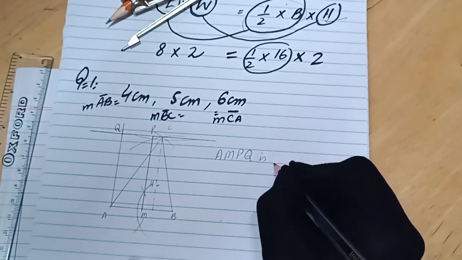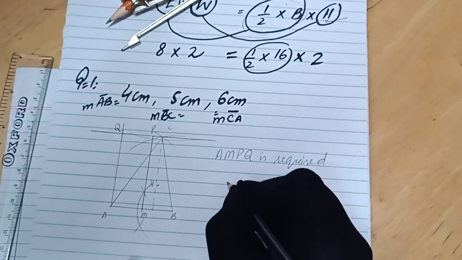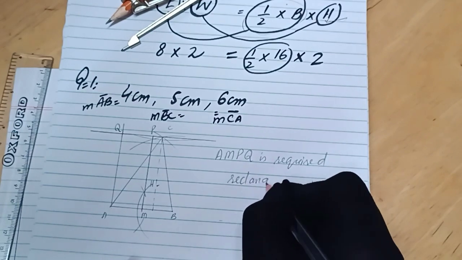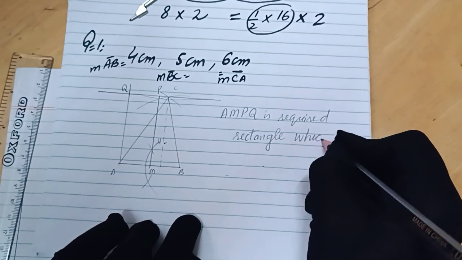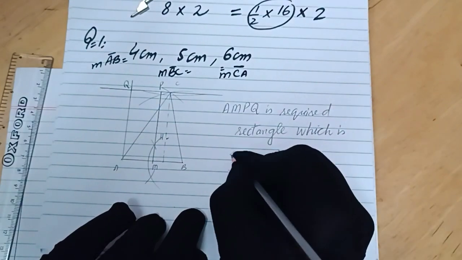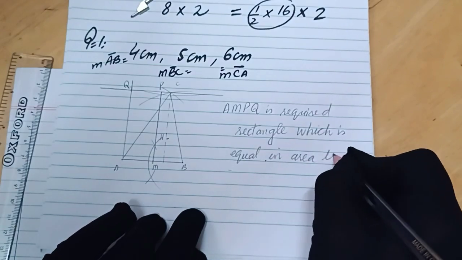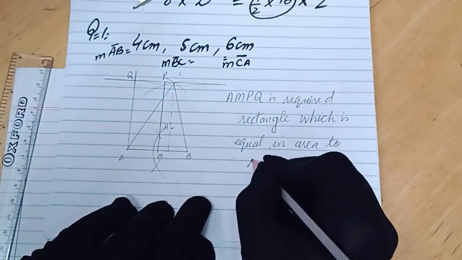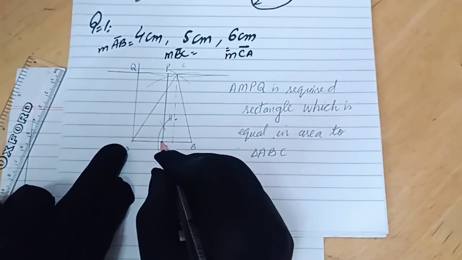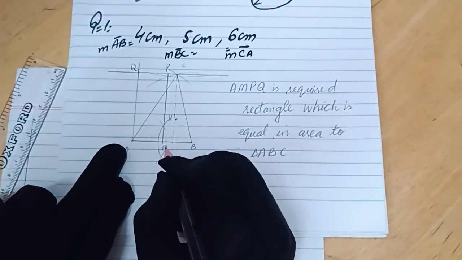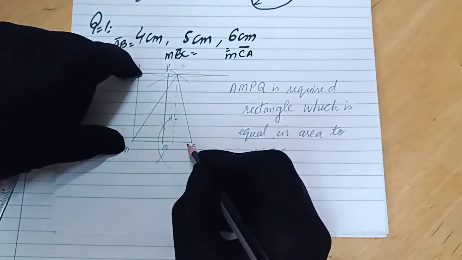AMPQ is the required rectangle, which is equal in area to triangle ABC, because half of the base is AM, and the height of the triangle is the same as the height of the rectangle.